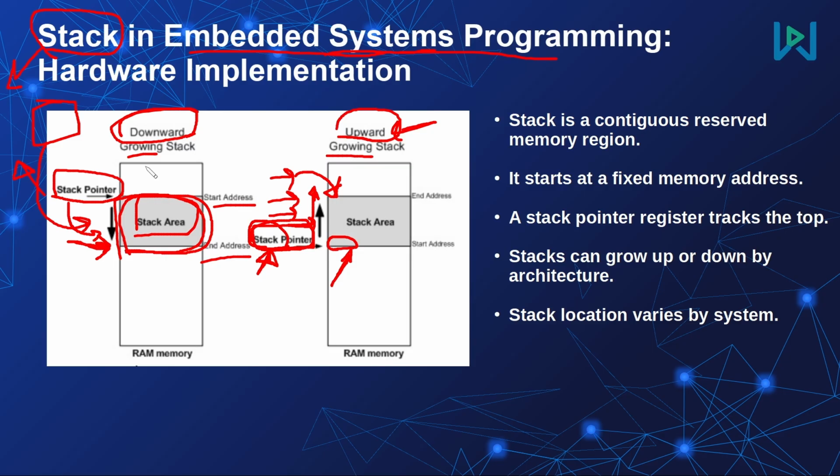So, the more we push elements here, the more the stack pointer will decrement to keep up with the idea of having the top of the stack pointing to the last element that has been pushed.